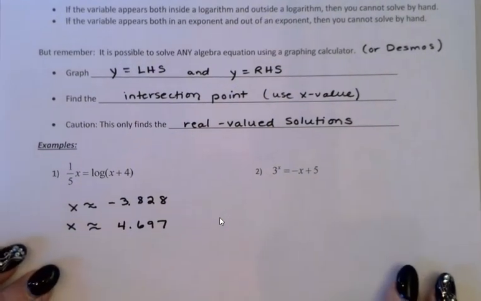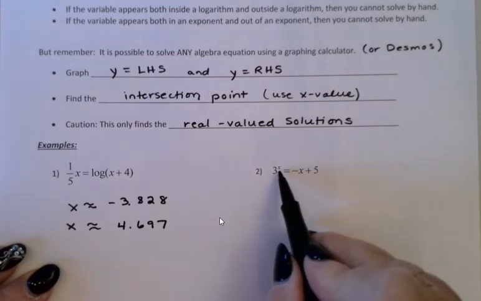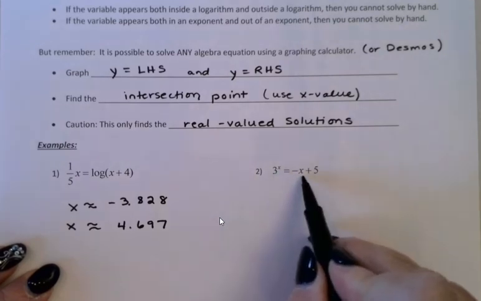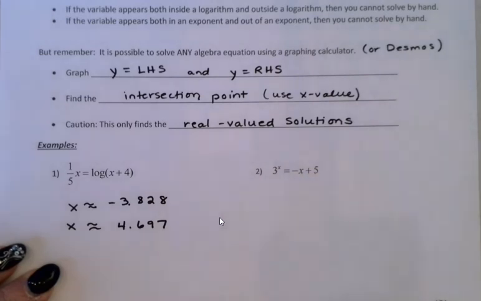I'm going to use a similar technique on problem 2 here, because once again, notice this x is in the exponent, and that one is not. That tells me right away I'm really not going to be able to solve by hand. So I'll set up my Desmos graphs again, letting y equal the left-hand side and y equal the right-hand side.